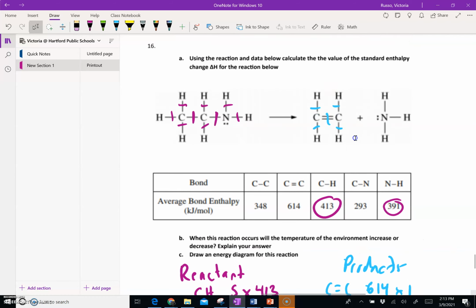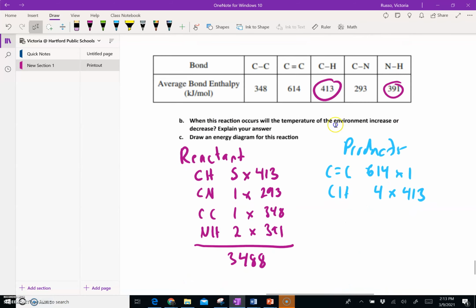I've crossed off everything here, and then I have 3 NH bonds, so 3 times 391. And if I button press correctly, which I previously did, and the phone is ringing, we get 3439. So I even get interruptions, it seems, while making videos.